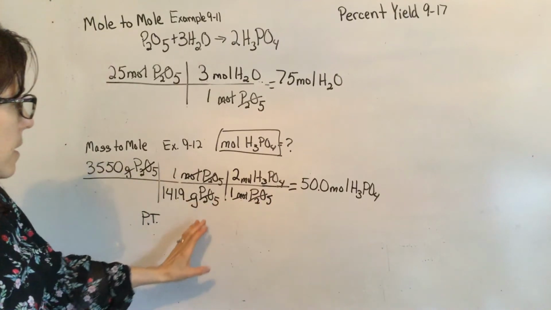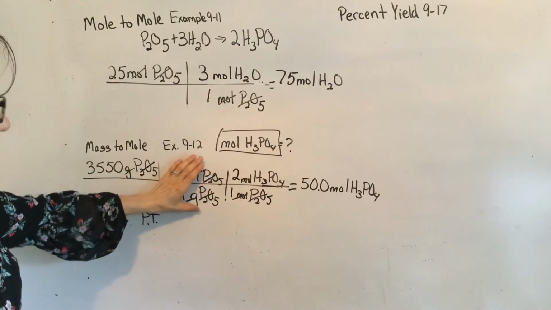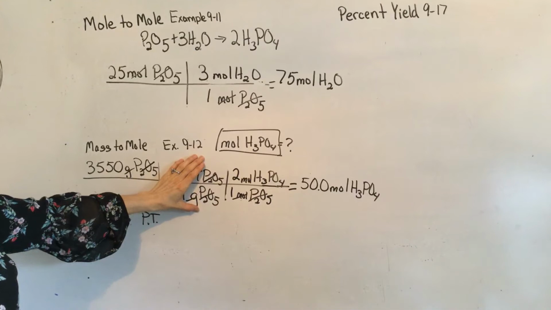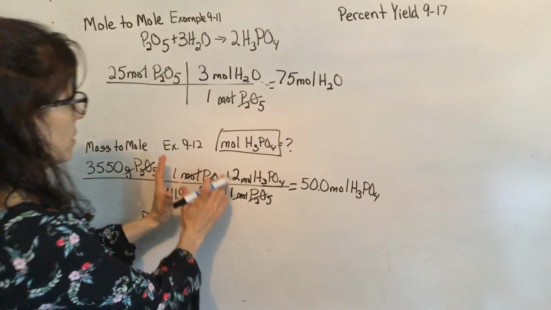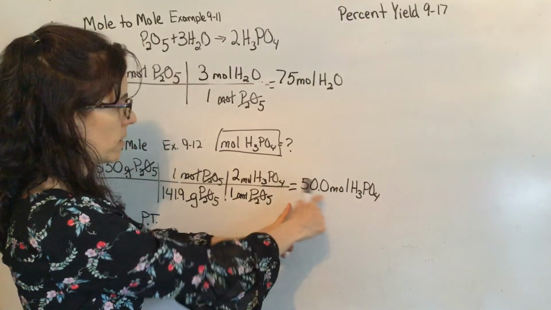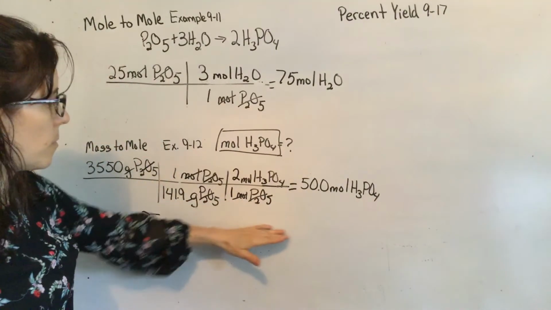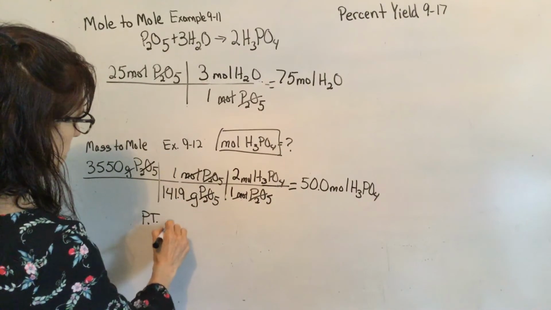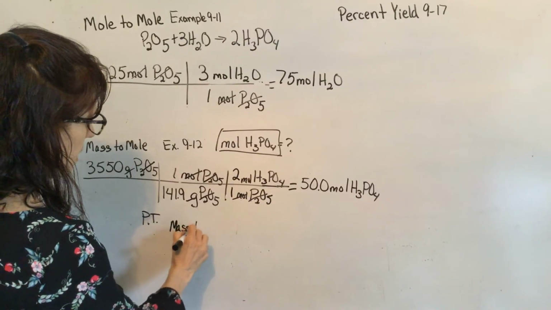All right. What if it gave you moles and it was asking for grams, right? If it did that, then you would not have this step in your mass to mass calculation. You would start with this step and you would end with a mass calculation, okay? So take a look at your mass to mass. Let's just review mass to mass.